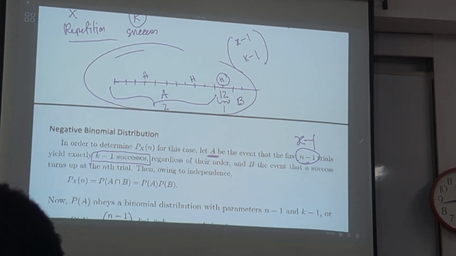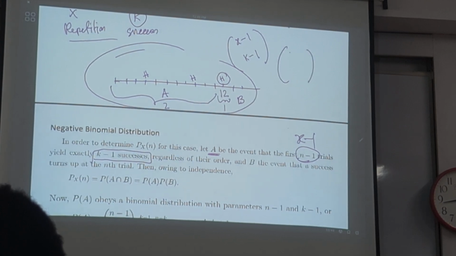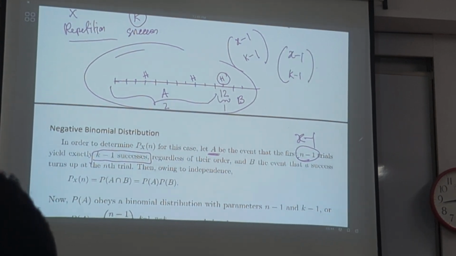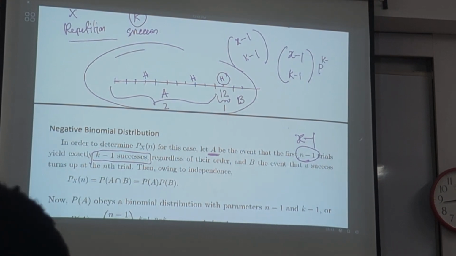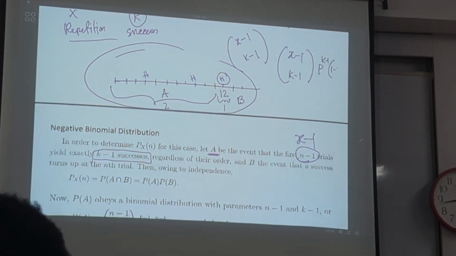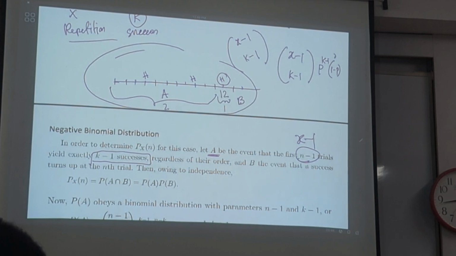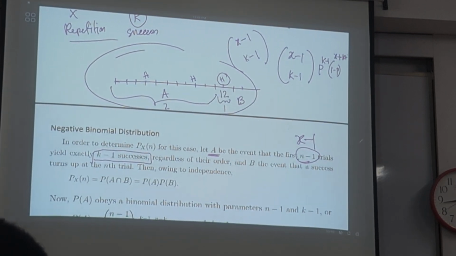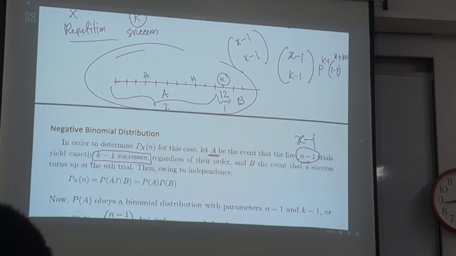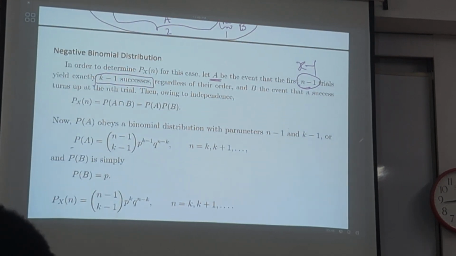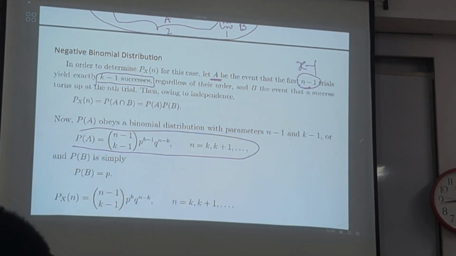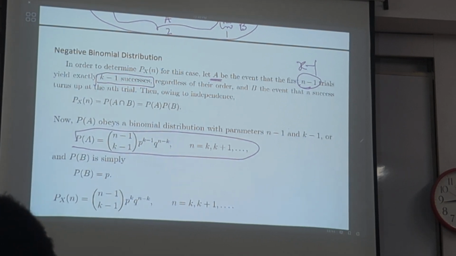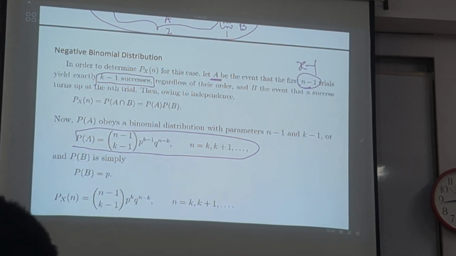It is binomial, and we can readily write: x minus 1 choose k minus 1, p to the power k minus 1, and the number of failures will be x minus 1 minus k plus 1, with probability 1 minus p. Is this clear? So this is the probability of occurring event A, based on the binomial distribution.